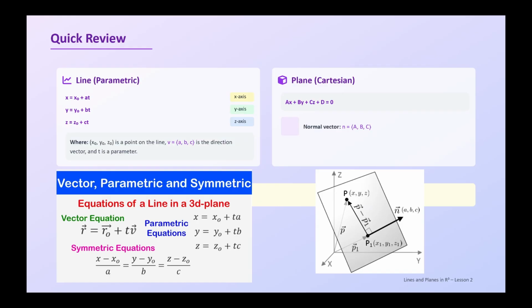A plane in Cartesian form looks like ax plus by plus cz plus d equals 0. So to find the intersection of a line and a plane, we substitute the line's x, y, and z into the plane's equation.